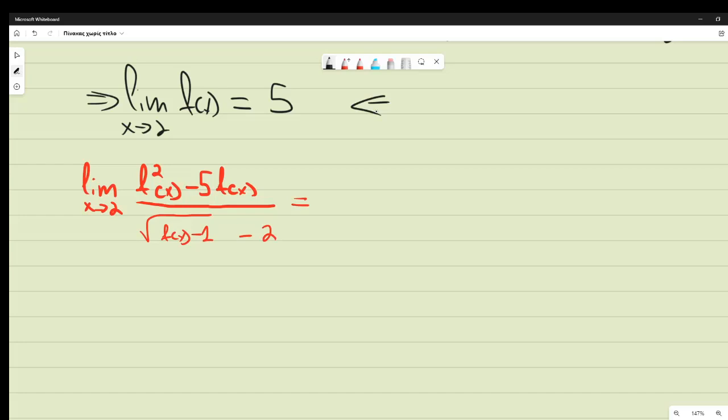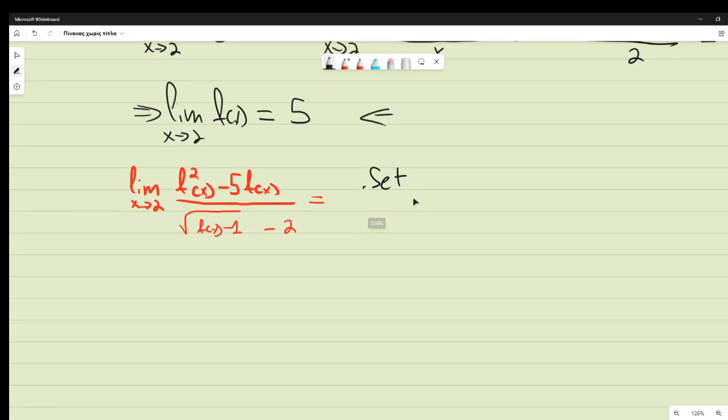So we set y equal to f. The next thing is to find where y goes when x goes to 2.